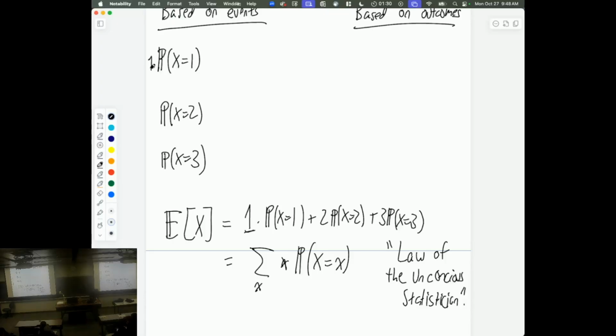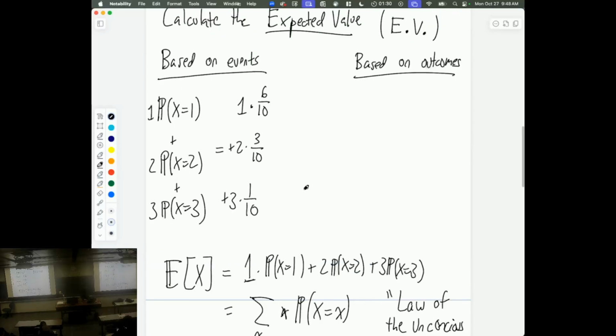In our case, we're going to do 1 times this, plus 2 times this, plus 3 times this, and that is equal to 1 times 6 over 10 plus 2 times 3 over 10 plus 3 times 1 over 10. So we have the 6 over 10, 3 over 10, and 1 over 10 from our first part.